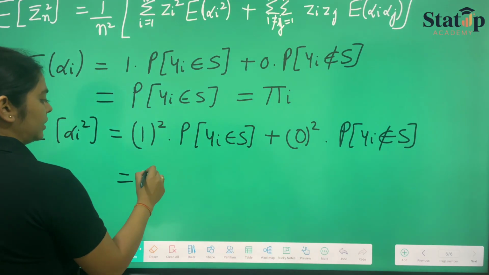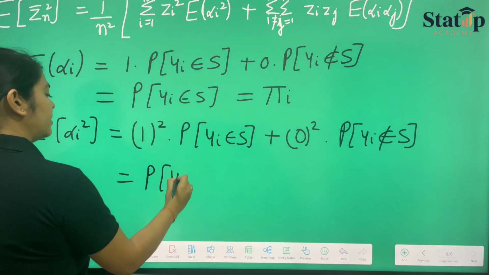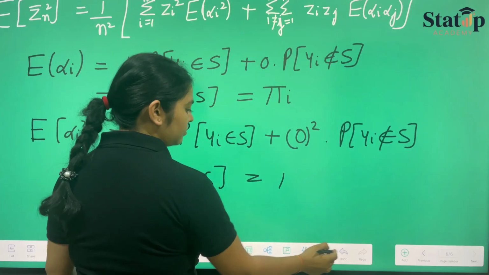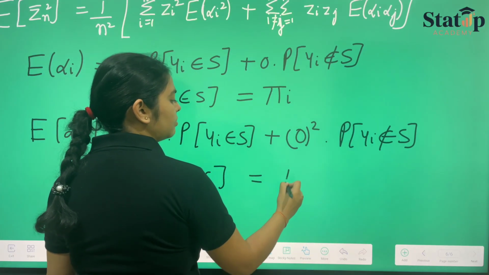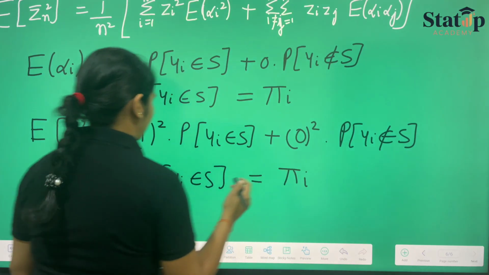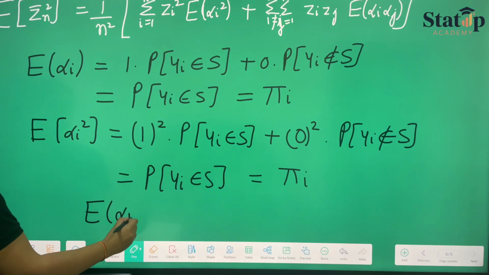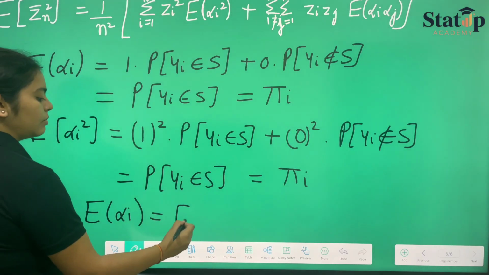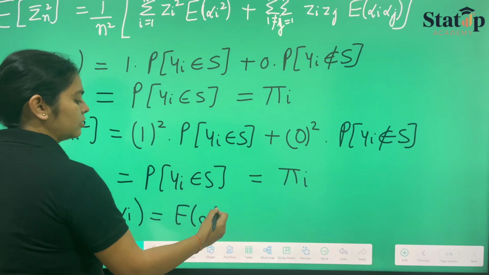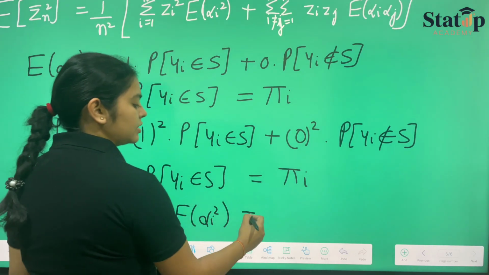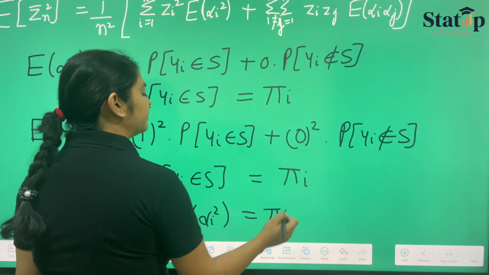So it would be nothing but again pi i. So we can say that the expectation of alpha i is equal to the expectation of alpha i square, or however many powers of alpha you take, the expectation will remain the same, which is pi i.